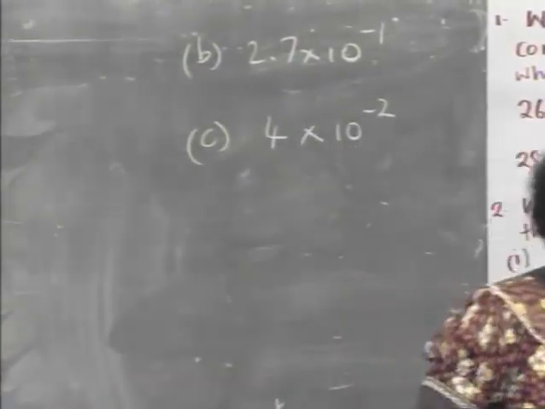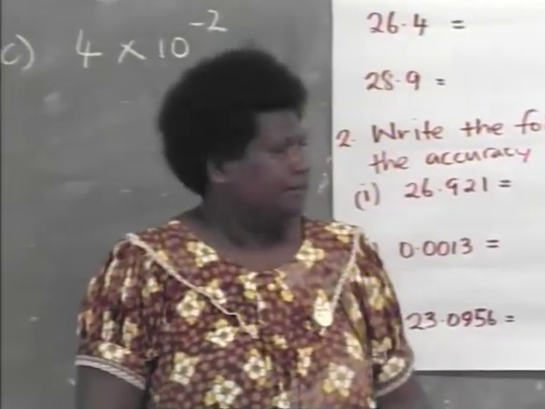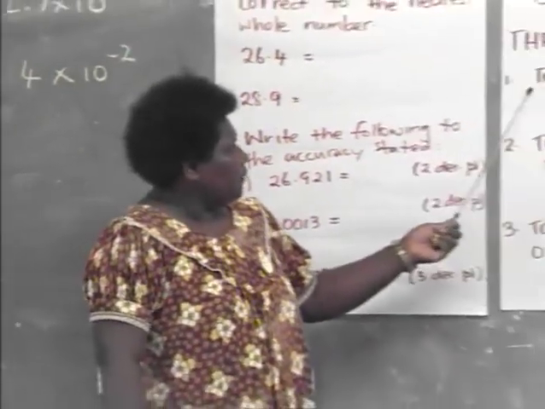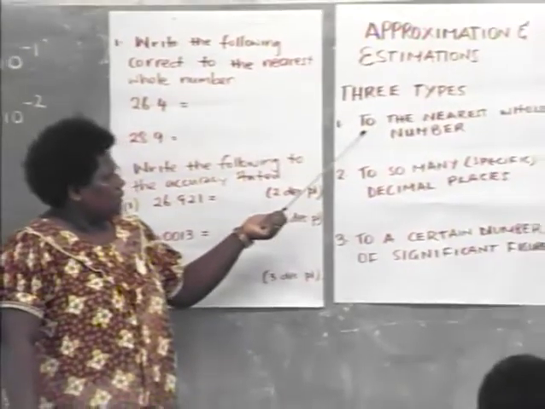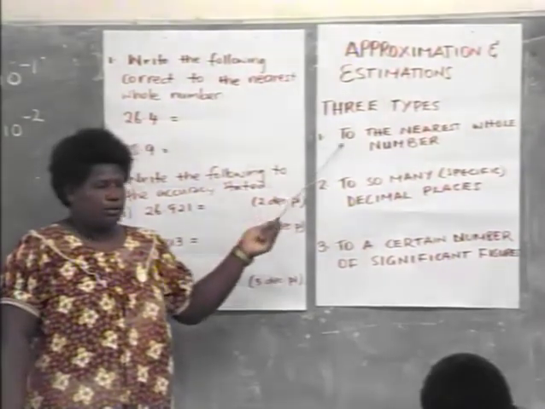Okay. Next thing we'll be looking at is approximation and estimation. There are three ways we are going to look at. First one is to estimate a number to the nearest whole number, which you all know.